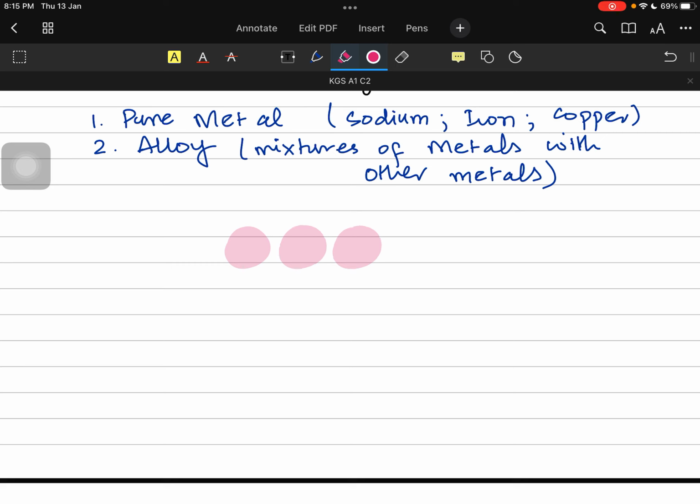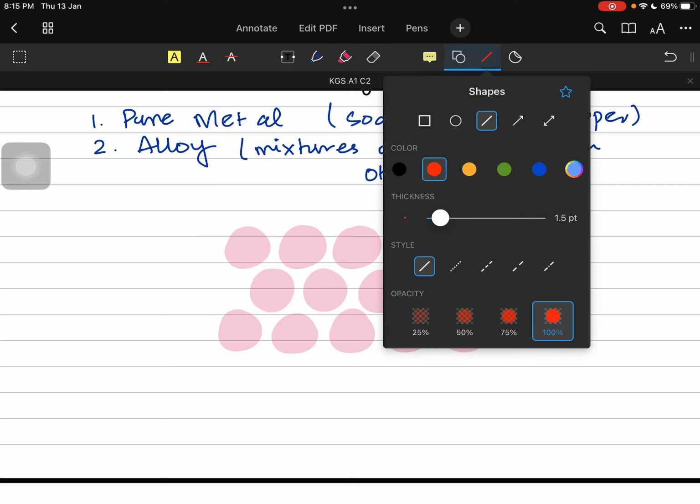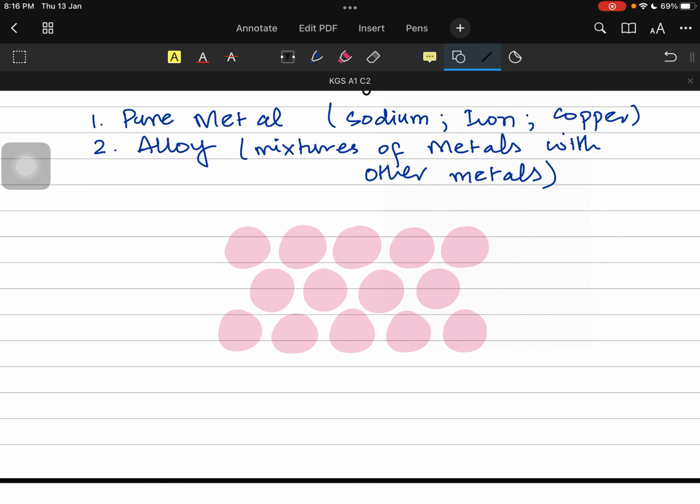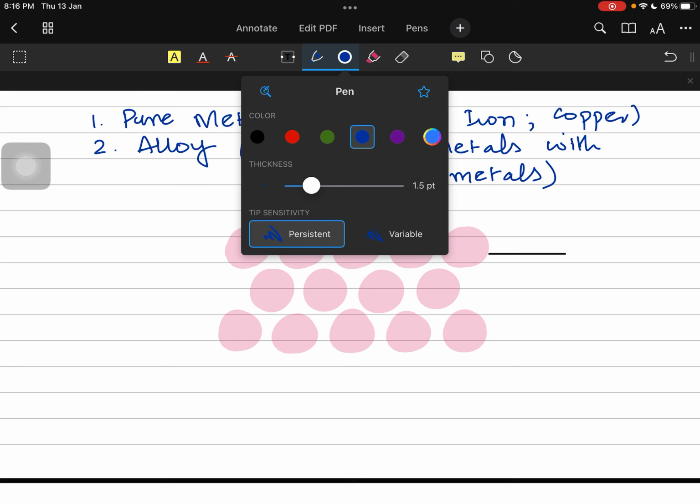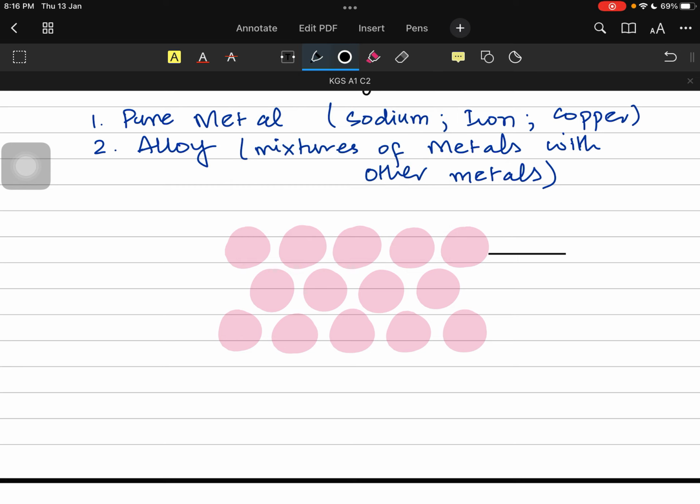I have a few atoms of copper over here. We had an introduction to this metallic bonding in one of the previous videos, but let's label these as copper atoms. What they do is they all lose their valence electrons and they become positively charged ions.